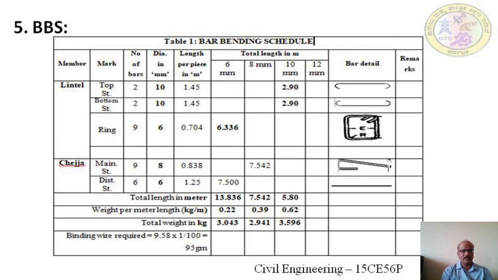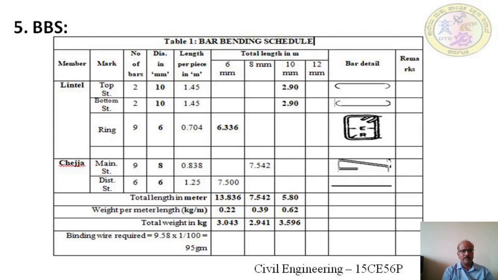Area into 1 meter. The area of the bar has to be calculated, that is for a 6 mm diameter bar. You need to convert the diameter into meter, then calculate the area and multiply by 1 meter, and that will be the volume of the bar. Then if you multiply by the density of the steel bar, 7850 kg per meter cube, we will get the weight per meter length of the bar.